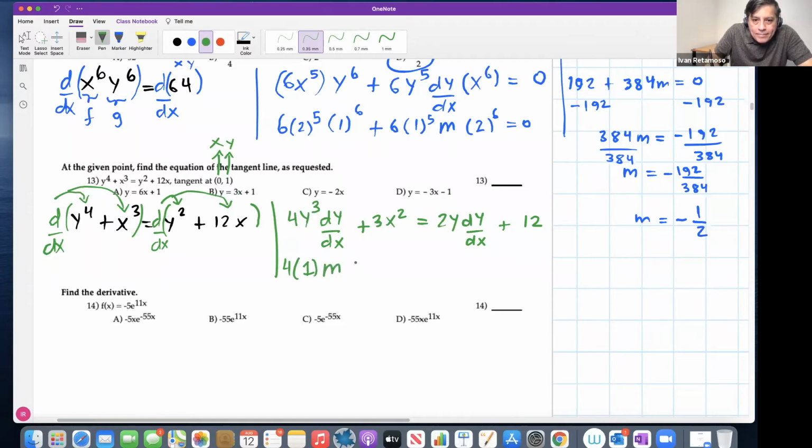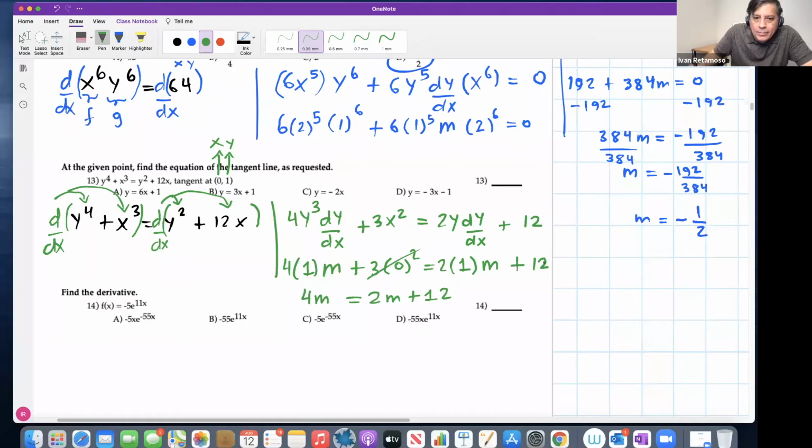Let's call it m, plus 3 times x is 0 squared, twice y is 1, times m plus 12, right? Plus 12. From here, find your m. Solve for m as we did before. This disappears, it's 0. Equal twice m plus 12.